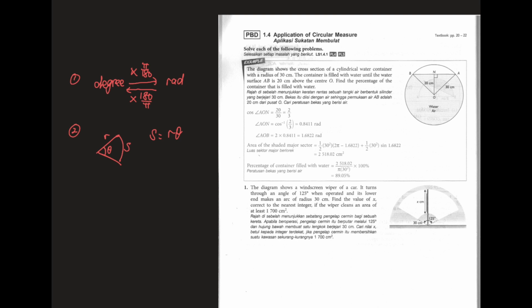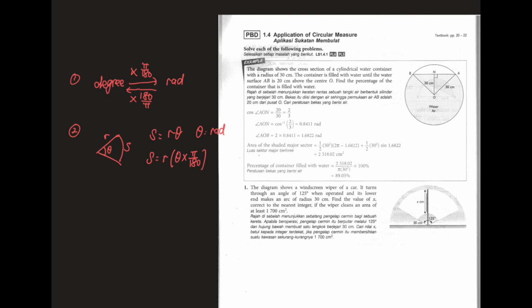Okay, so if theta is in radian, S equals r theta. If theta is in degree, then the way to find arc length is S equal to r times theta times pi over 180. Basically, you just need to change the angle in degrees to radian, based on this formula, theta times pi over 180, and then you times r again.